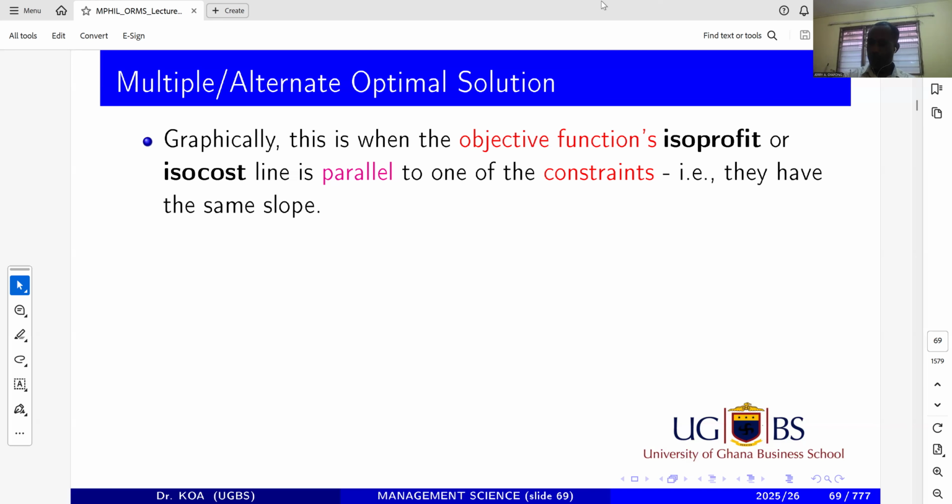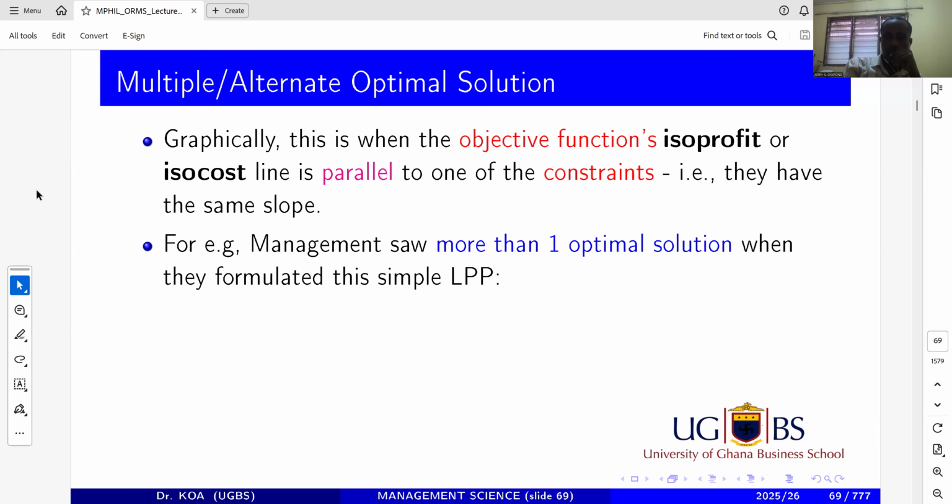Okay, so let's take an example of a linear programming problem, which will have a multiple optimal solution, how it happened. Now, why would there even be an optimal solution point that is alternate? Another word for the multiple is alternate.